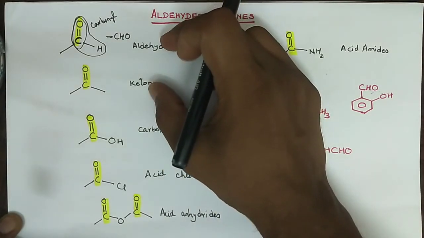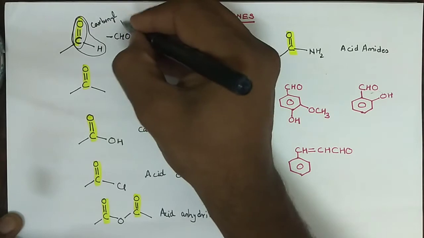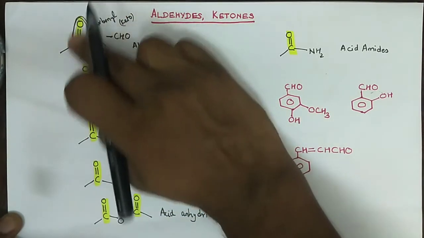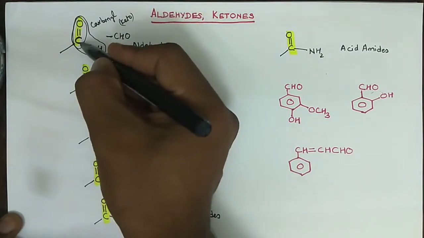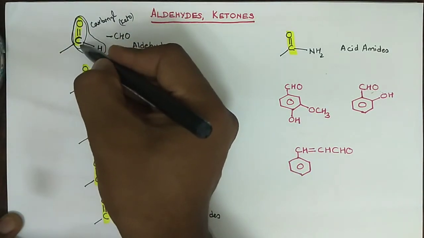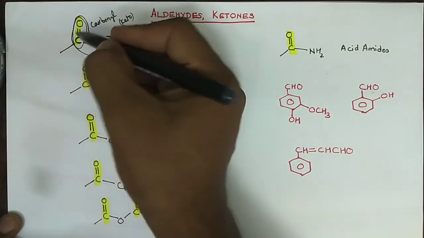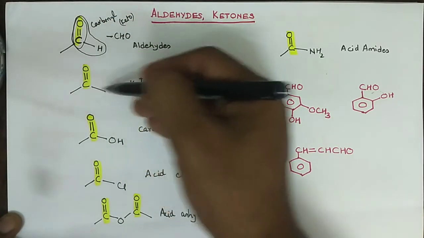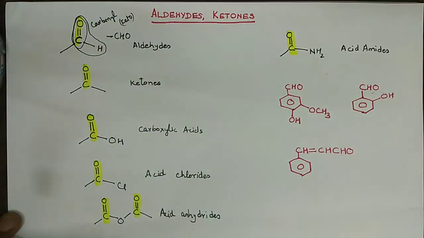The only difference is that this carbonyl group, or we can also call it the keto group, when it is at the last carbon, meaning the extreme carbon, is called the aldehyde, and if it is not so, then it is called the ketone. I hope it's very clear.